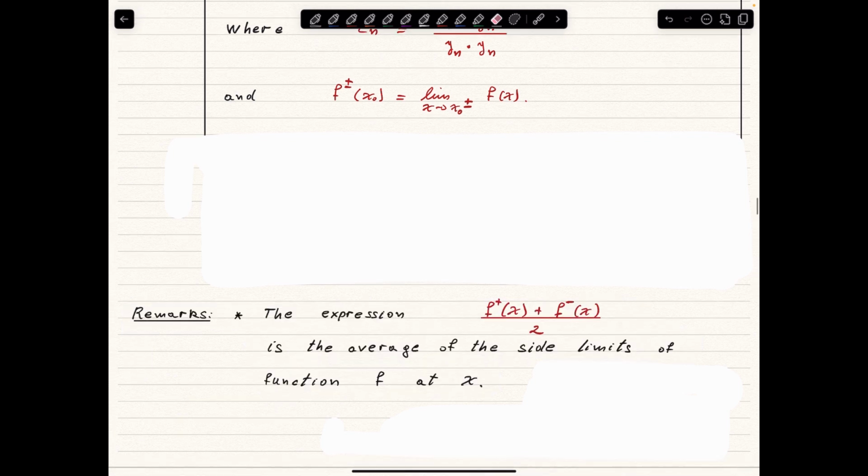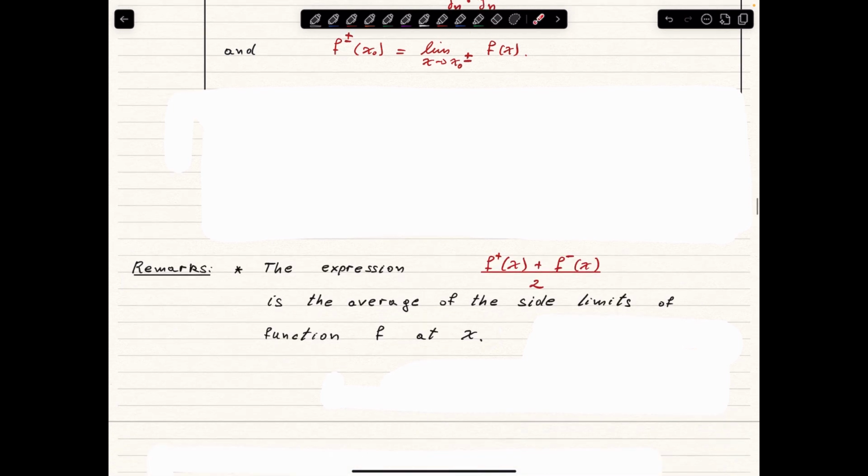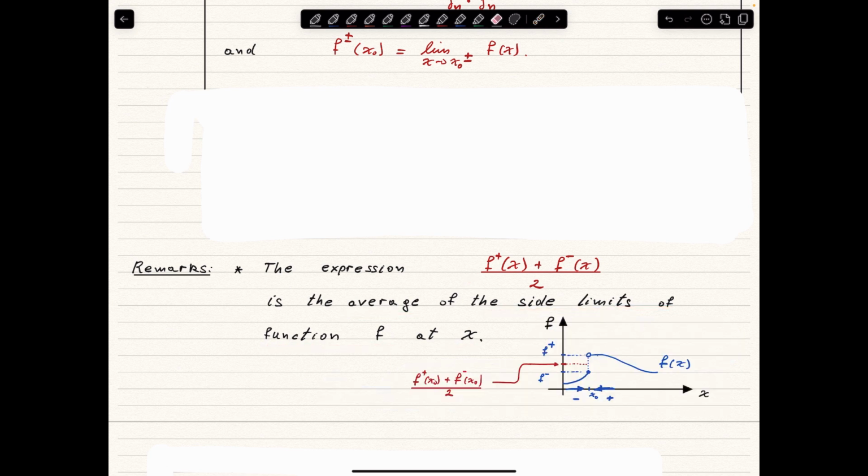So this expression that we wrote in the theorem, the average of the two side limits, this is the average of the side limits of a function f at x. In a picture, it is something like this. Suppose we have a function that just at the point x0 is discontinuous. It has a jump, like that. The value of the function is this point.